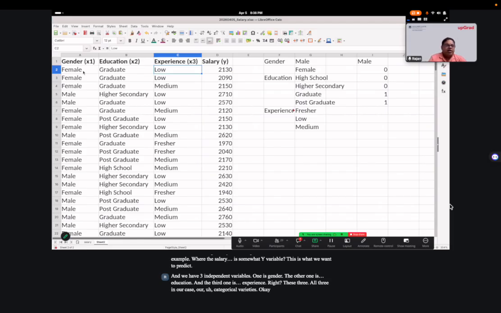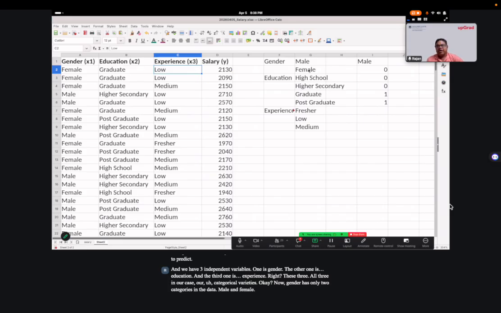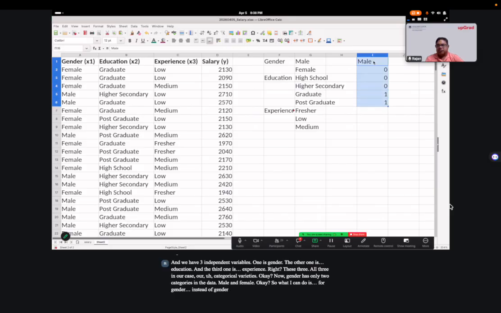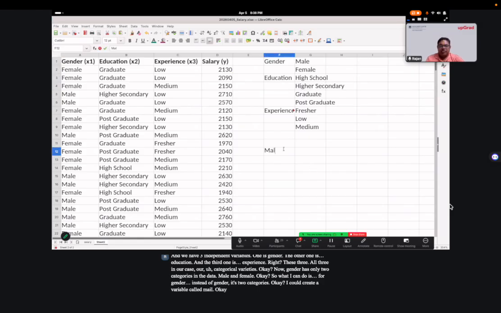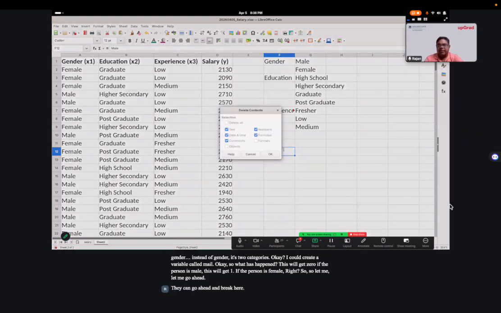Gender has only 2 categories in the data, male and female. So for gender, instead of 2 categories, I could create a variable called male. This will get 0 if the person is female and 1 if the person is male. So male is the variable I'm going to use.